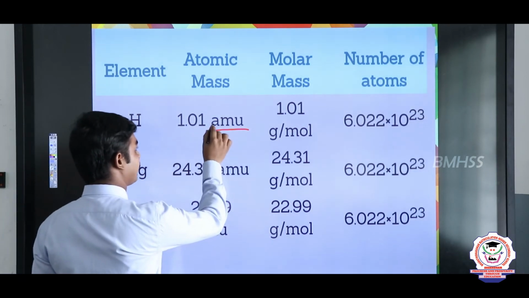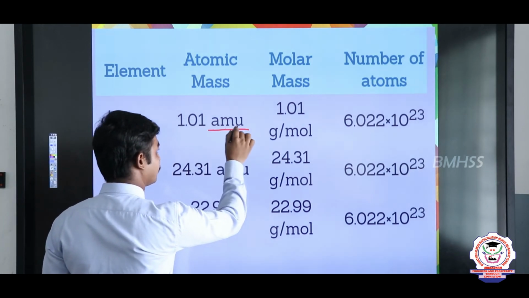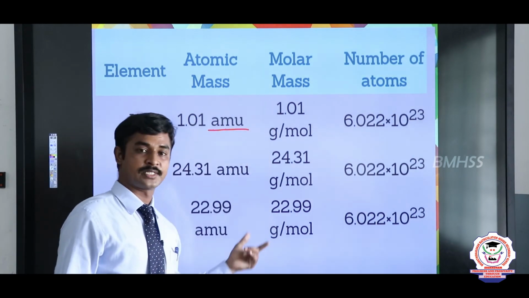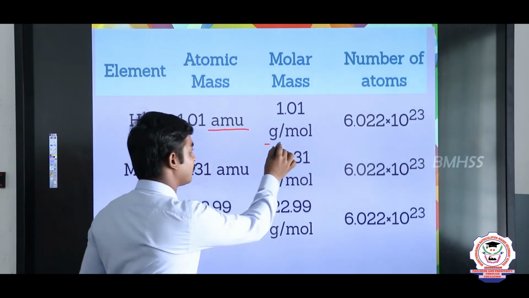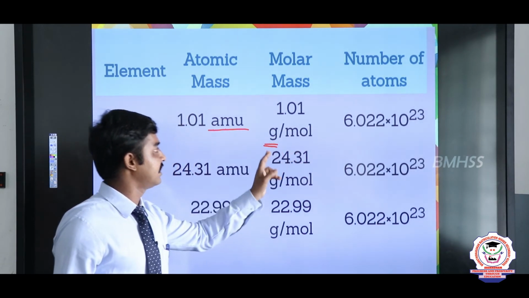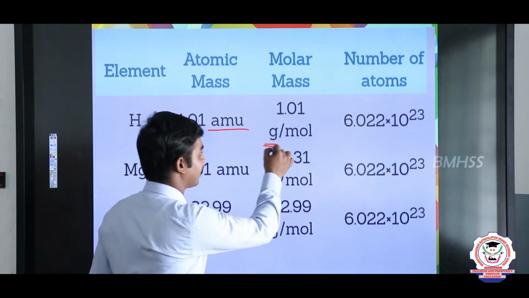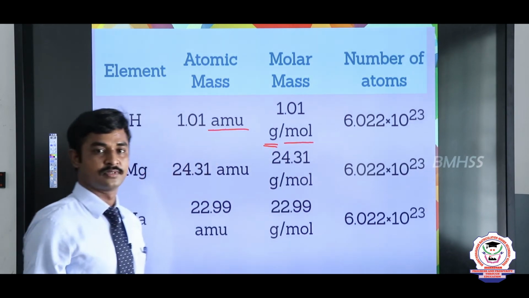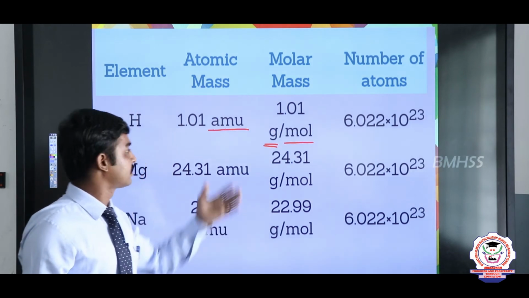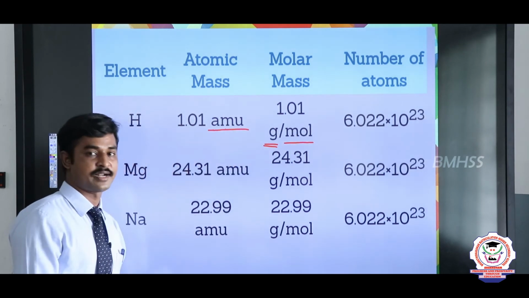The molar mass is represented with the unit gram. For 1 mole only, the molar mass is calculated, so it is divided by a mole. The hydrogen atom has the same number of weight for a mole as for a single atom.